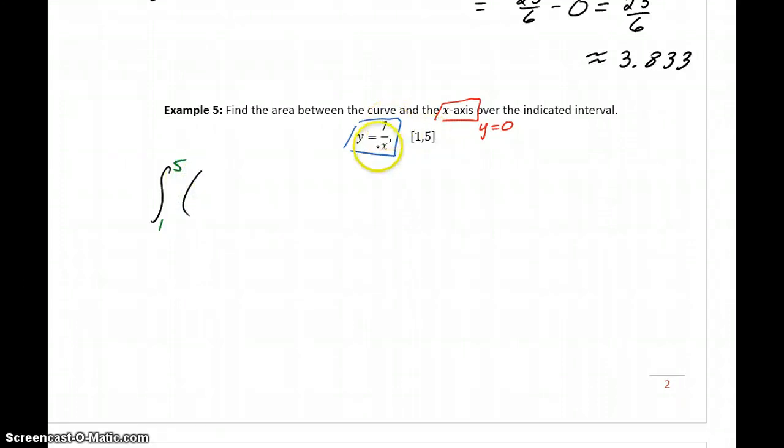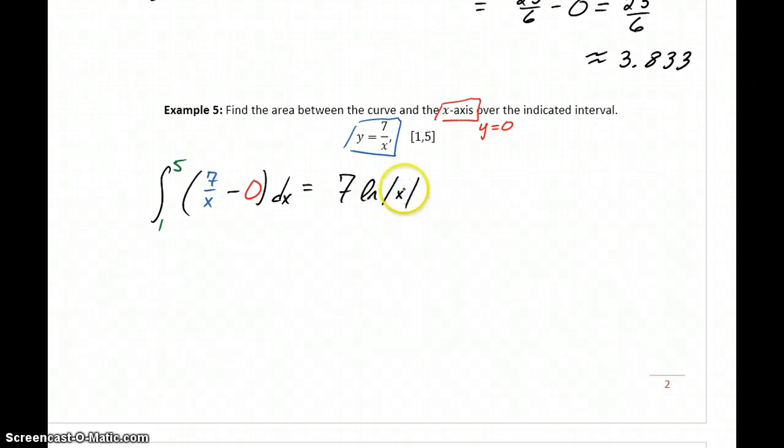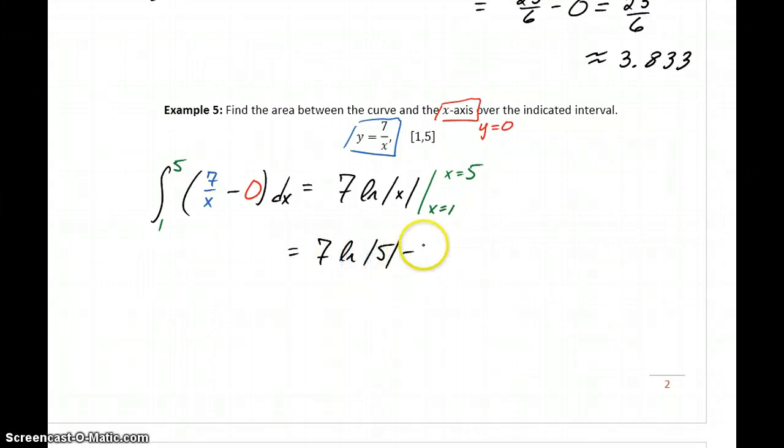Graphing these two functions, we would see that 7 over x takes on the larger function values over that interval. So we would integrate 7 over x minus 0 dx, which is just the same thing as integrating 7 over x. So the integral would be 7 times the natural log of the absolute value of x, evaluated from x equals 1 to x equals 5, which would give us 7 times the natural log of the absolute value of 5, minus 7 times the natural log of the absolute value of 1.